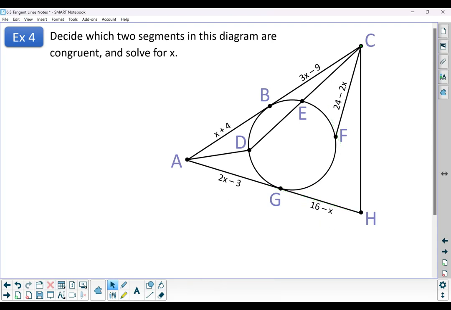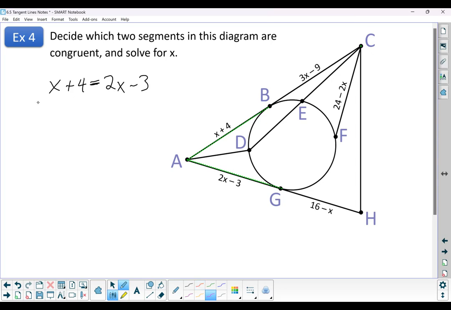So let's think about point A. Point A to point B is a tangent segment, and point A to point G is a tangent segment. So those are the two in the diagram that are equal to each other. So we can solve for x by setting those two equal to each other. x plus 4 is equal to 2x minus 3.